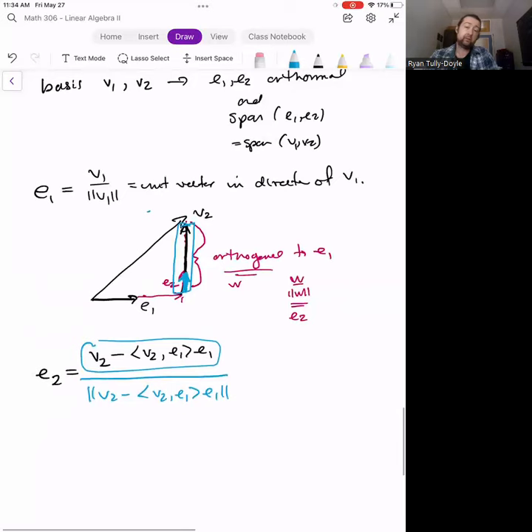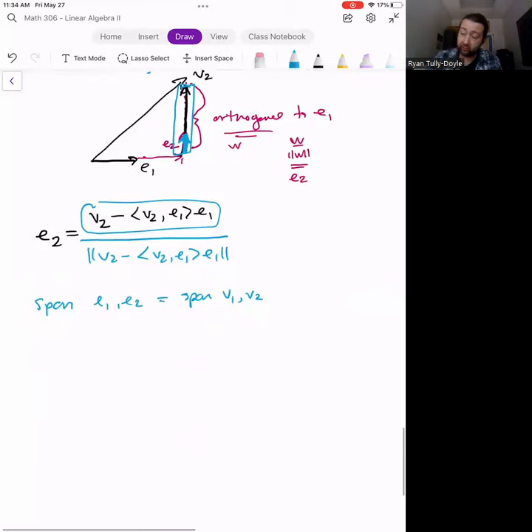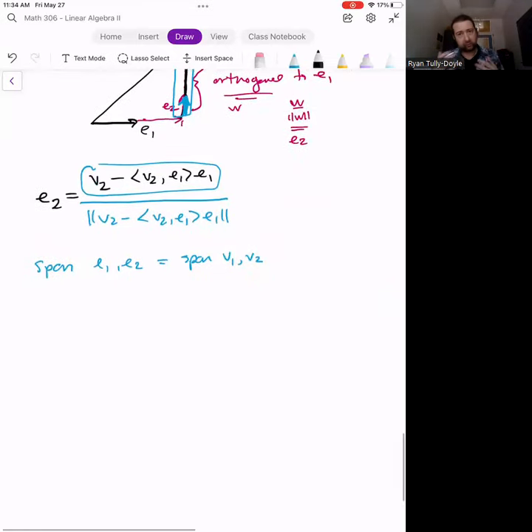Now the claim is the span of E1 and E2 is equal to the span of V1 and V2, because everything in the list came from a linear combination of the previous vectors. That's basically it. How do we lift this up to more vectors? Well, now imagine that we have 3 vectors in the list. There's nothing stopping us from continuing this procedure sort of inductively.